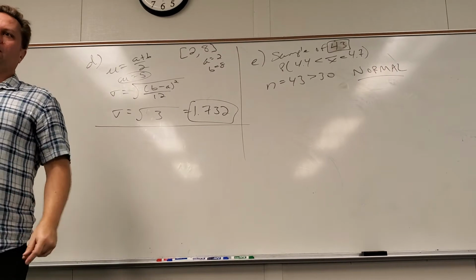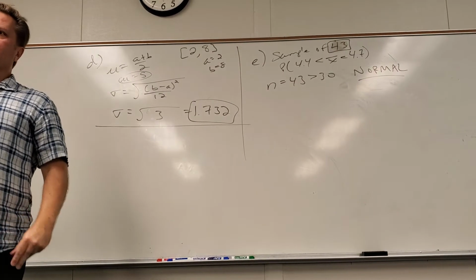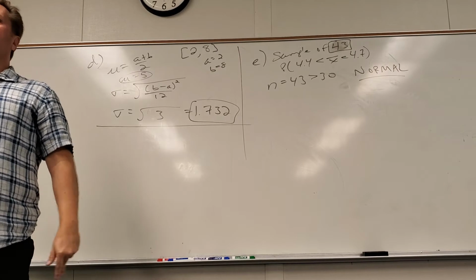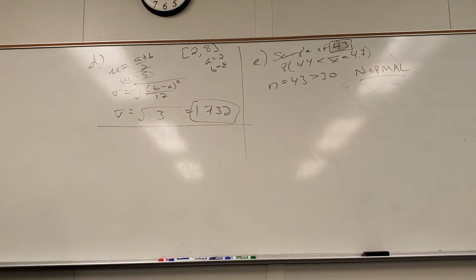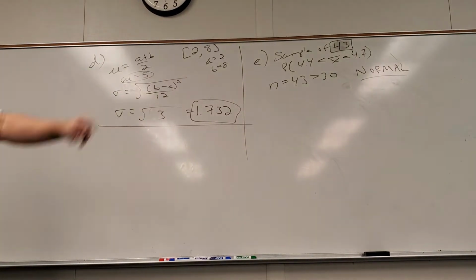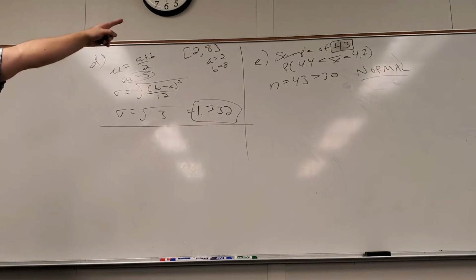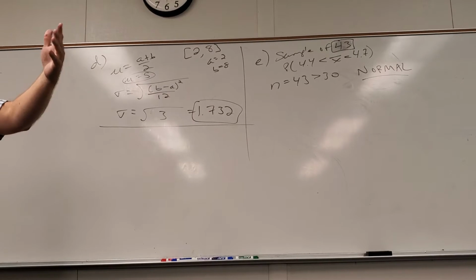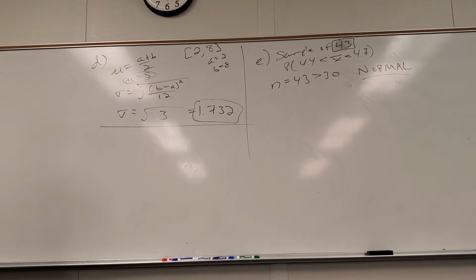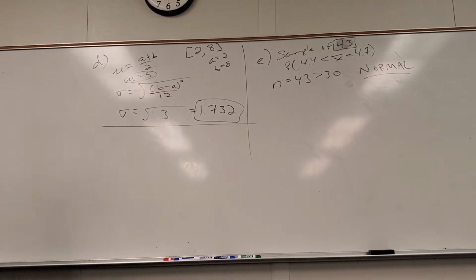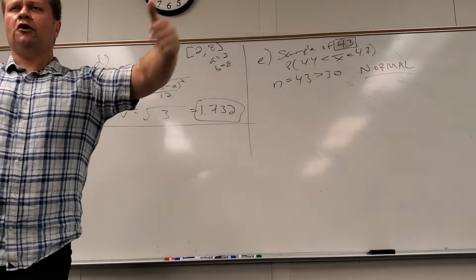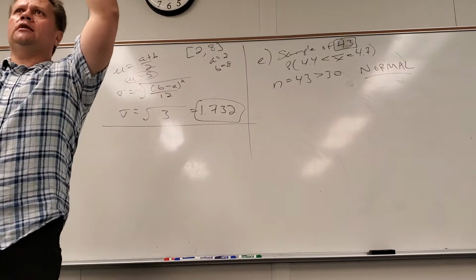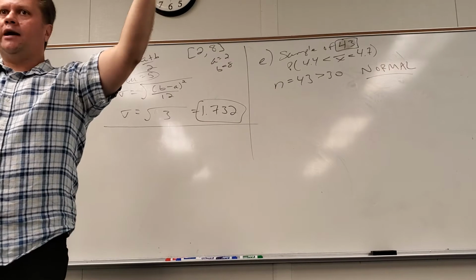So in 6, it's all about a uniform distribution, but in 6E, I am going to use the z-score chart because it becomes normal because the sample size is more than 30. So this whole thing we did in chapter 7, the whole thing about the central limit theorem, it does not care what the distribution originally looks like.